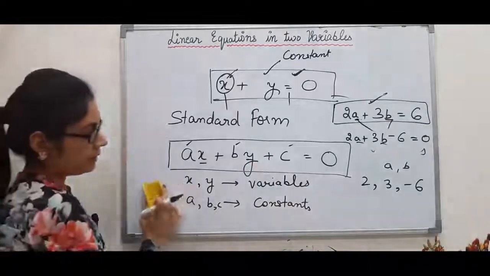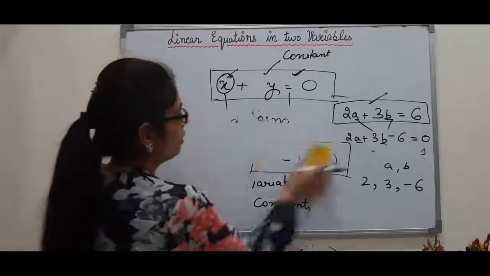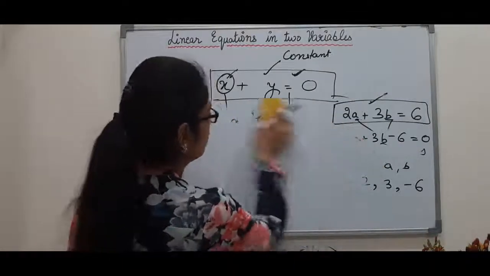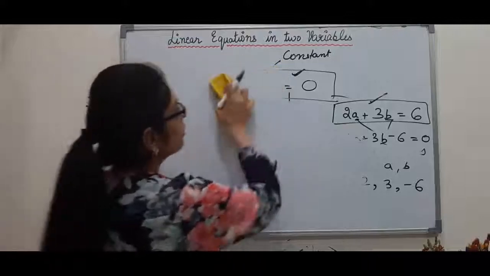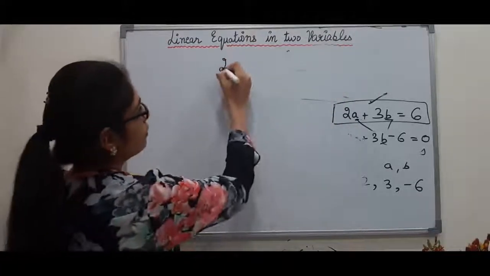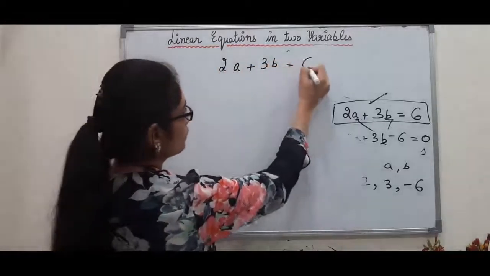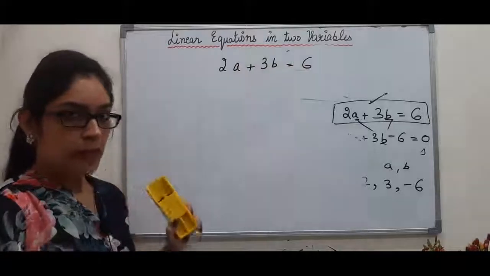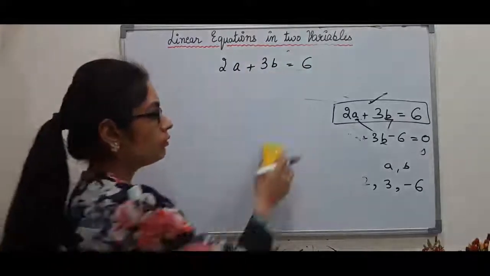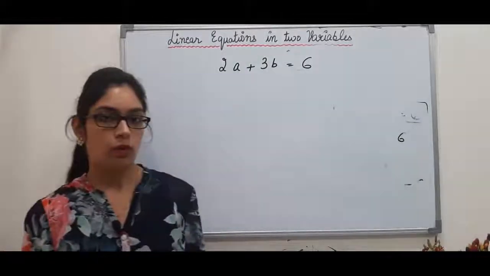Now for these equations you should know a few things. I'll take this equation which I have taken, 2a plus 3b is equal to 6, because in the next exercises we have to solve equations also.